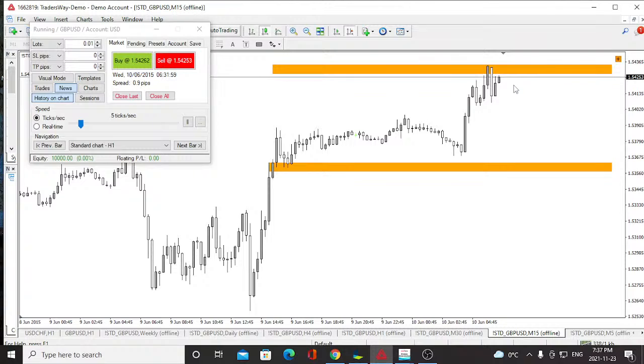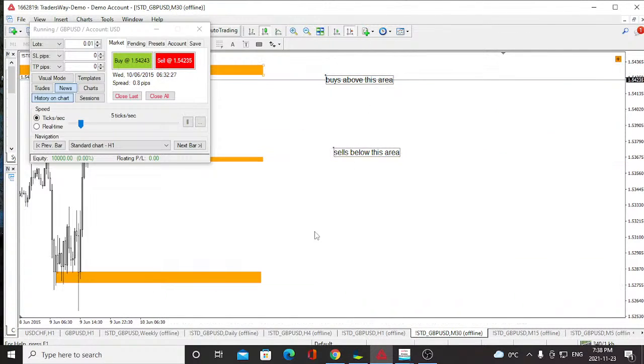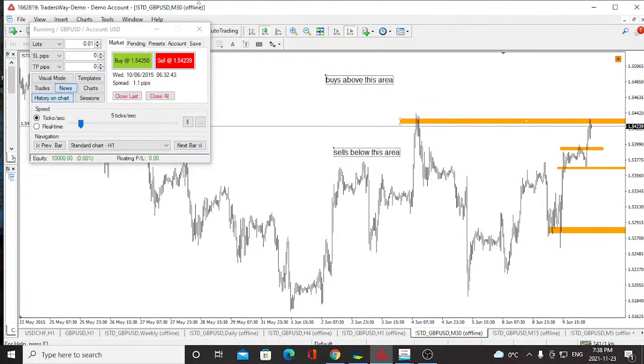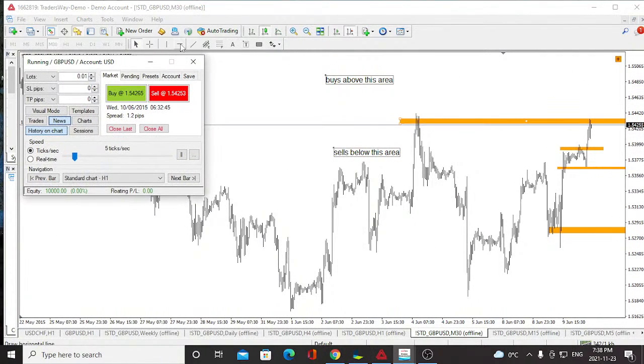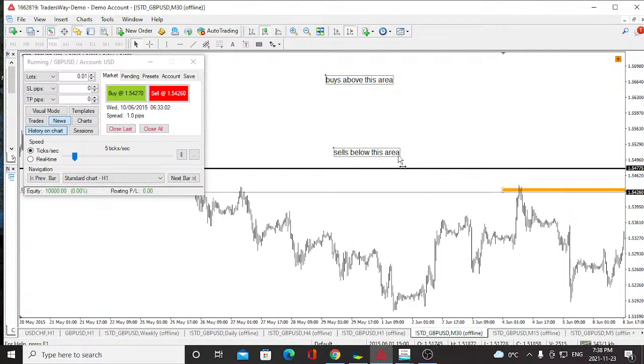So right here, I believe that price is going to continue upwards and just continue to go up to the next price level, which would be around, let's say, right here.